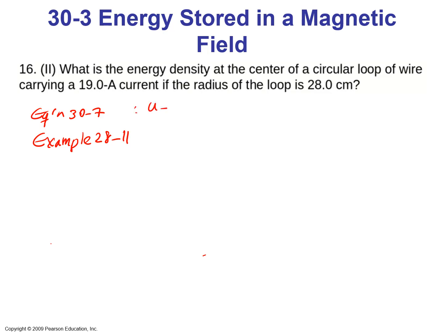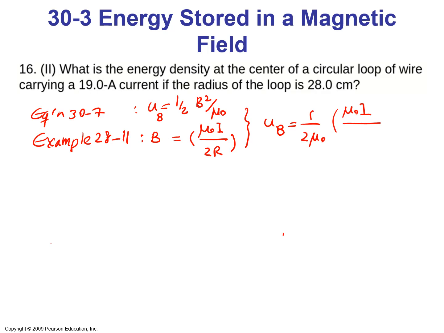So the energy density is equal to 1/2 B squared divided by mu naught. And from that example, B is equal to mu naught I over 2R. Let's combine these two together. So the density of the magnetic energy is equal to 1 over mu naught times (mu naught I over 2R) squared. It simplifies as mu naught I squared over 8R squared.